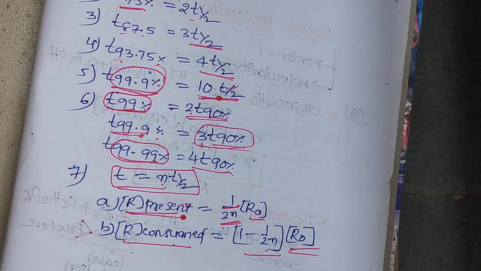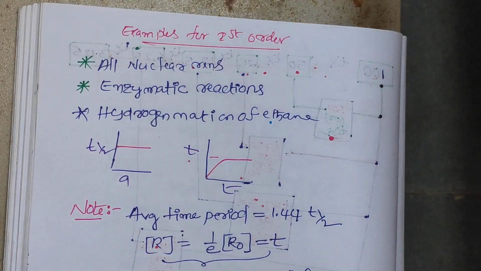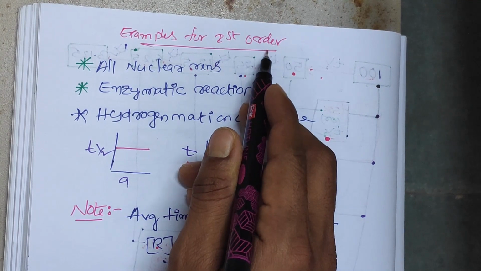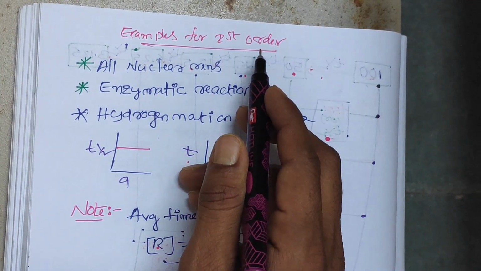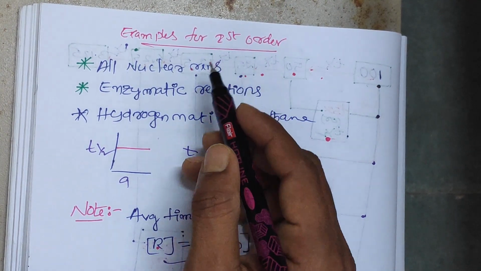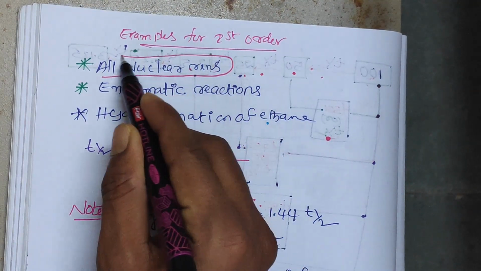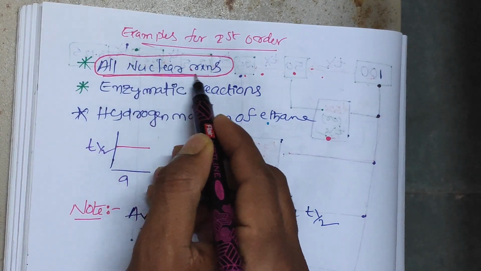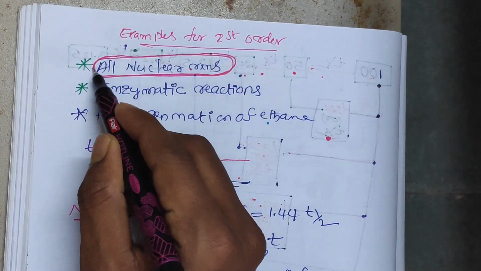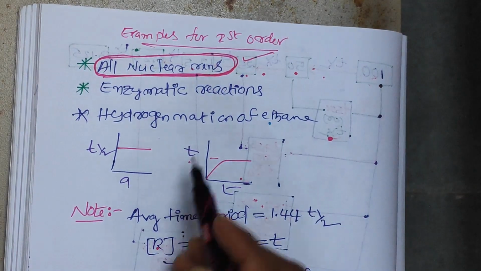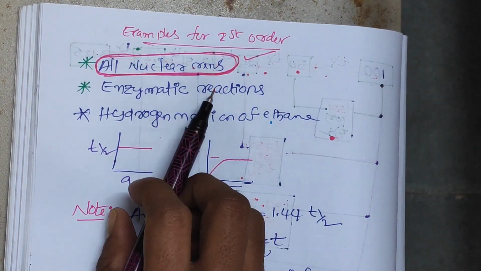Okay friends. Now we will go for examples of first order reaction. All nuclear reactions, whatever it may be, thermonuclear reaction or radioactive nuclear reaction, whatever you take, if a nuclear reaction is going on, that comes under first order reaction only.